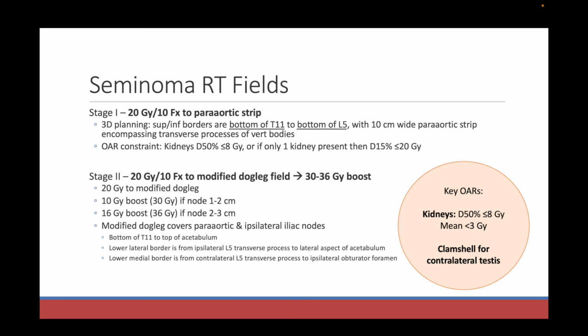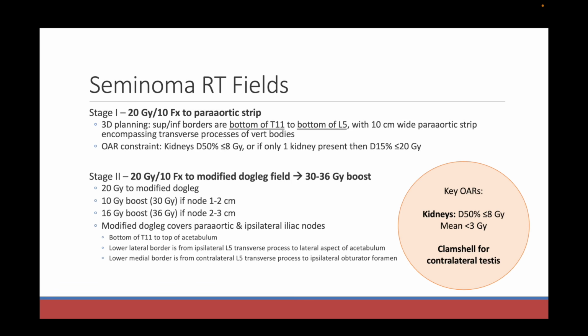So it looks like a dog sticking its leg out to urinate. So starting at L5 on the ipsilateral side, you go from the bottom of L5 to the lateral aspect of your acetabulum. And then on the contralateral side, you go from the bottom of L5 to your ipsilateral obturator foramen. So you're then covering a dog leg field.